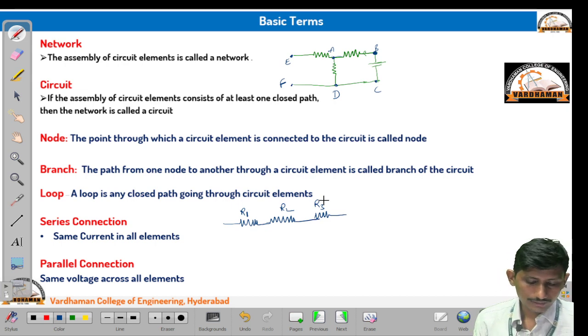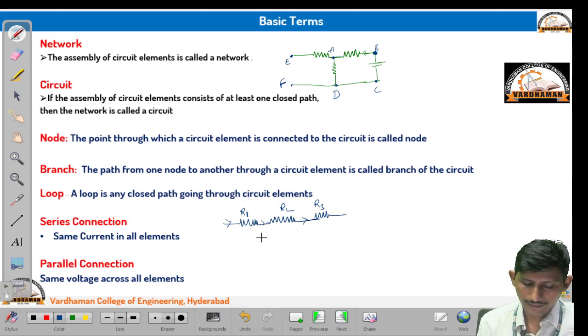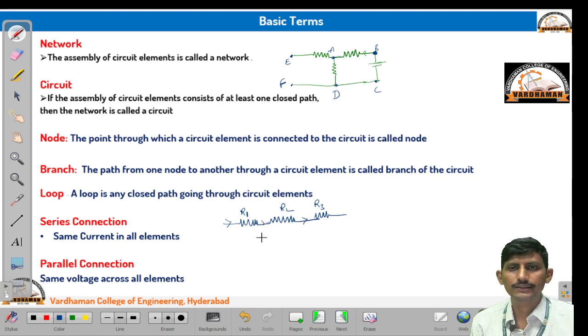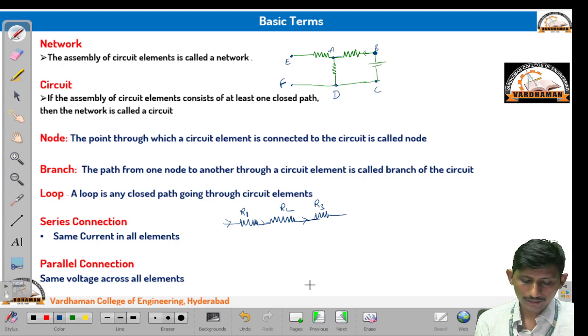The resistors R1, R2, R3 are said to be connected in series because any current flowing through R1 will also flow through R2 and will also flow through R3. If any source is connected to this network, the amount of current flowing through these three elements is the same.